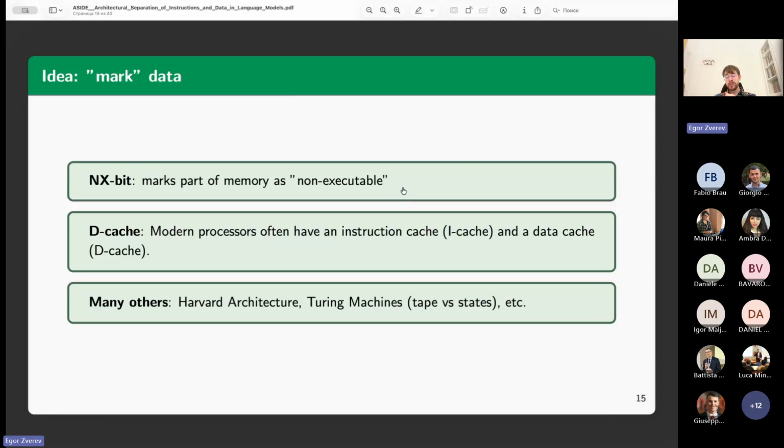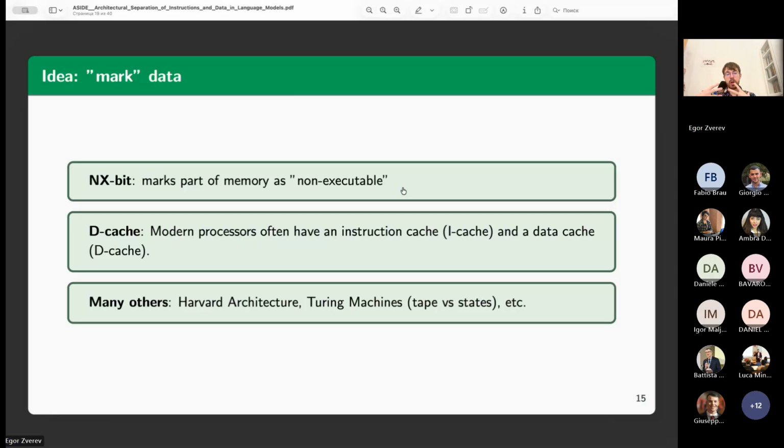And it would actually be really convenient to have a similar mechanism for LLMs, where I can just take LLM input and mark part of this input as non-executable, meaning that no instruction that goes in this block of the input is actually followed by the model.